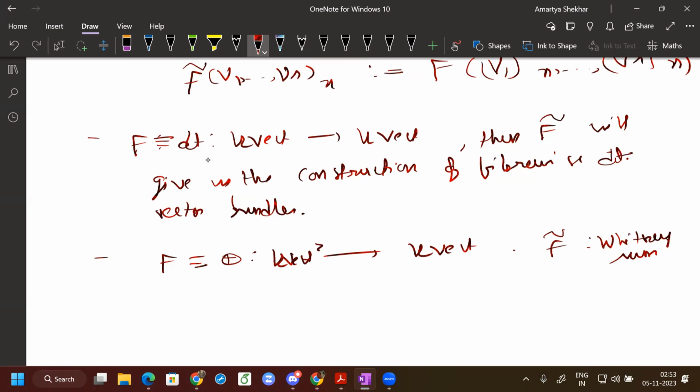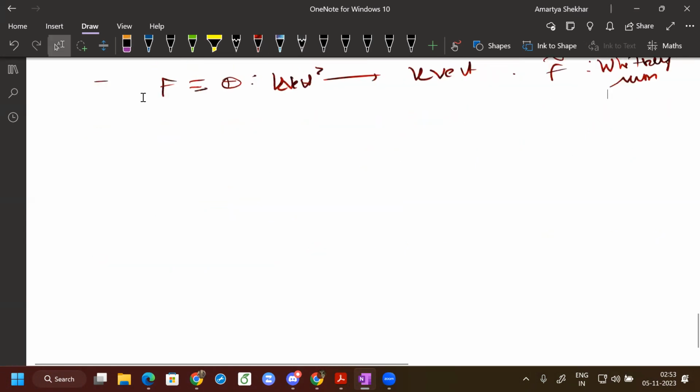Let me look at my list again. Now let's talk about trivialization. We have another example of a vector bundle functor. X is a topological space, and remember the field is fixed.